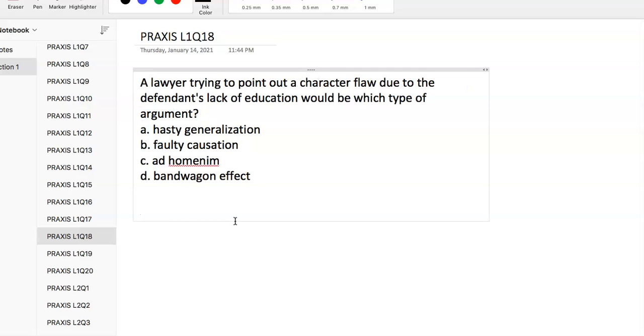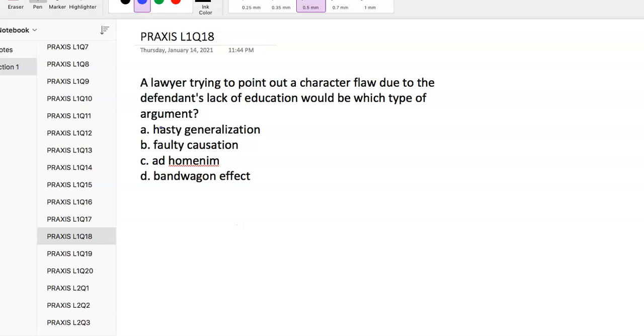Question 18. A lawyer trying to point out a character flaw due to the defendant's lack of education would be which type of argument? Okay, and so you'd like to know these arguments too, right? Another common one. So we need to be familiar with the differences between hasty generalization, faulty causation, ad hominem, and bandwagon effect.